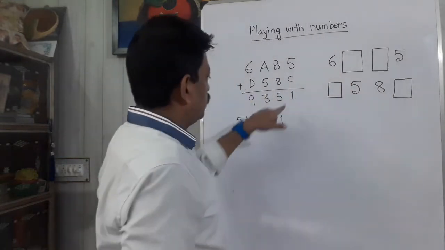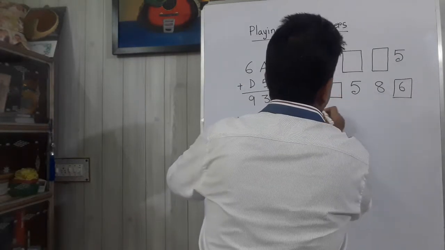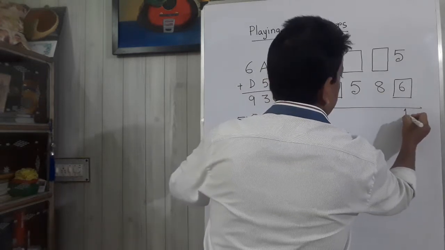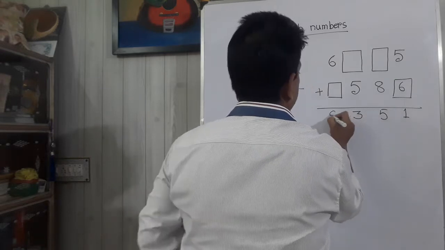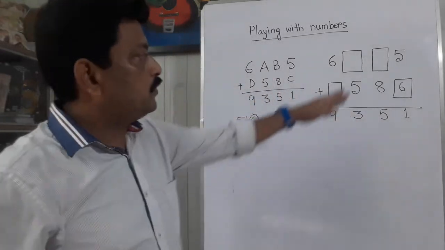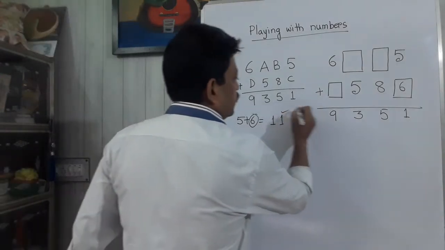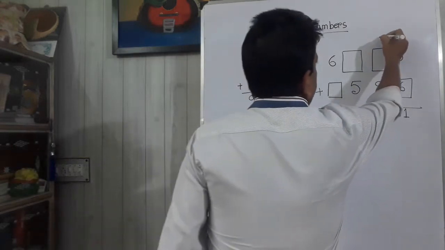So first number we have calculated as 6. Here it is 1, 5, 3, 9. Okay. So unit digit is over. 5 plus 6 is 11. 1 is there in the unit place and 1 we have carry over. So let me write 1 here.